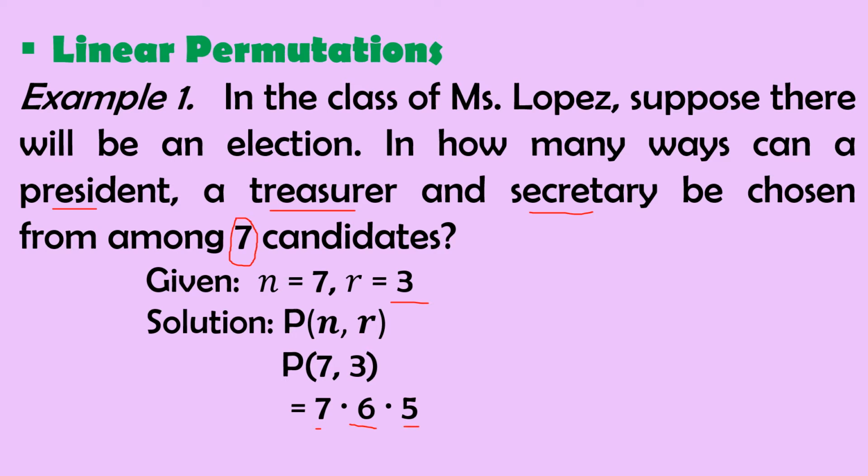So 7 multiplied by 6 is 42, multiplied by 5 is equal to 210 ways. It is problem solving, so always put the label. So that is our answer for problem solving number 1. So are you ready for our next example?